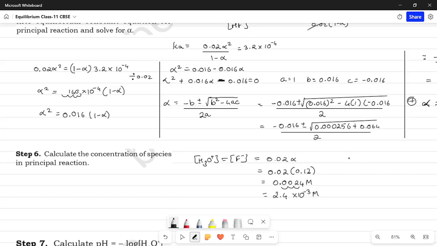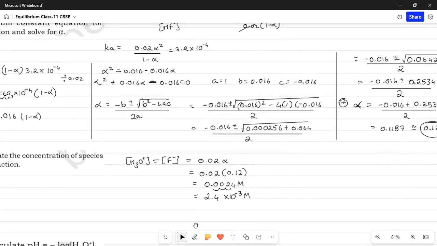The next one is the value for the HF. So for the HF concentration, HF will be equal to 1 minus alpha into 0.02, right?